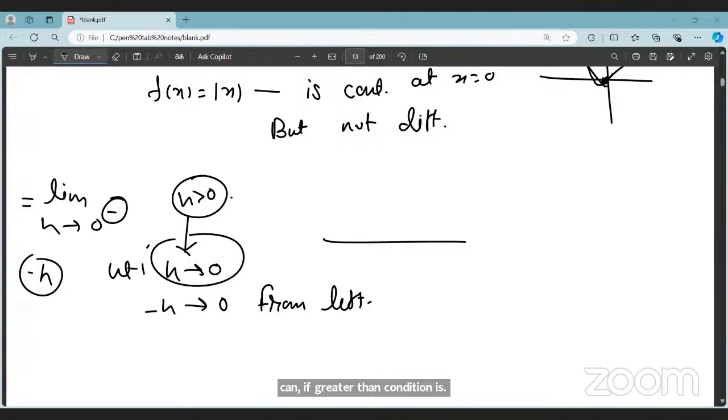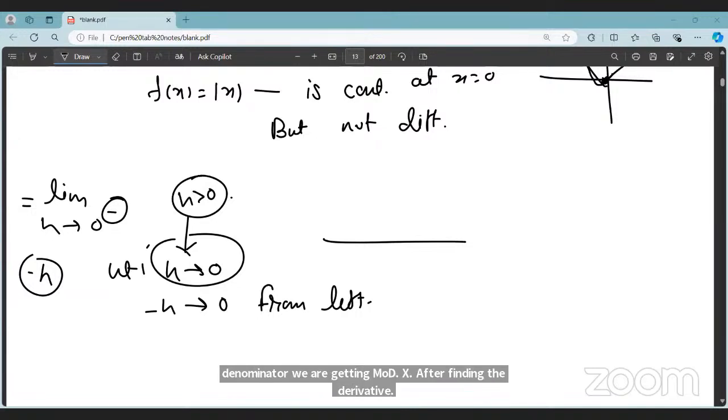Yeah, this function is actually differentiable at x equals 0 also, and every other point. Ma'am, when you find the derivative, I don't think it is, because in the denominator we are getting mod x after finding the derivative. In the denominator you are getting mod x. Yes, ma'am.